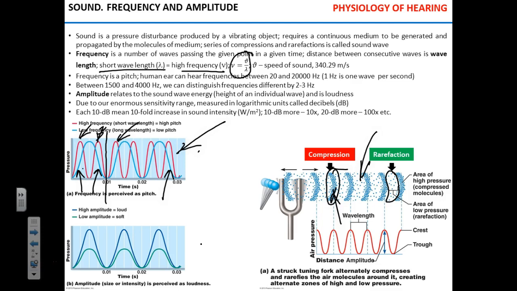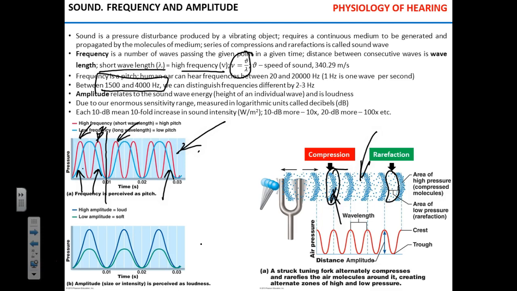The human ear can sense the sounds between 20 hertz and 20,000 hertz. But the sounds that we hear the best are in between 15 and 4,000 hertz. Okay? Does that make sense?